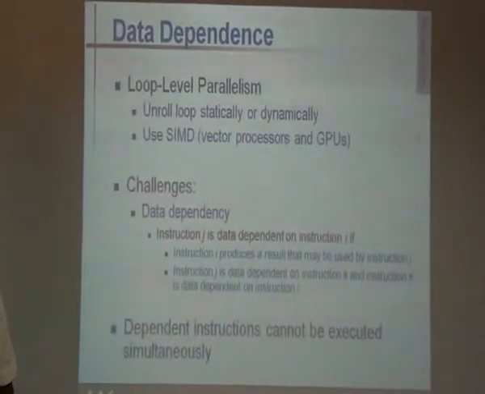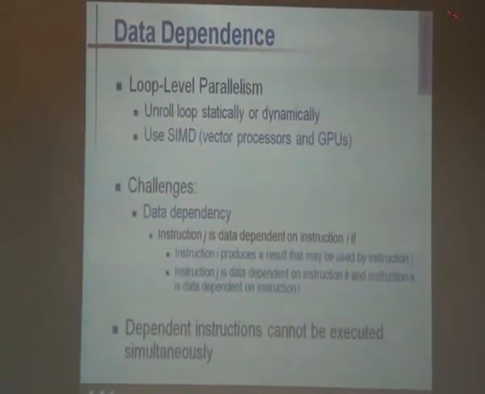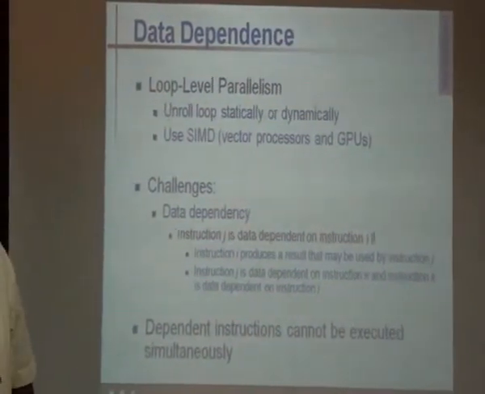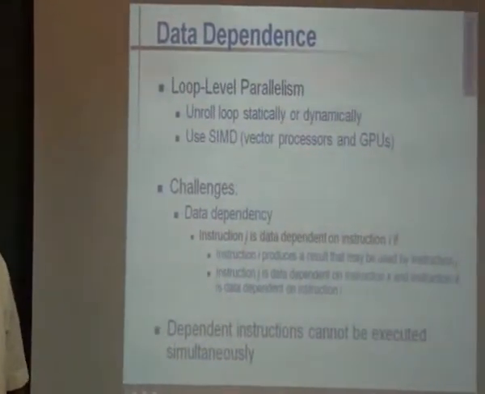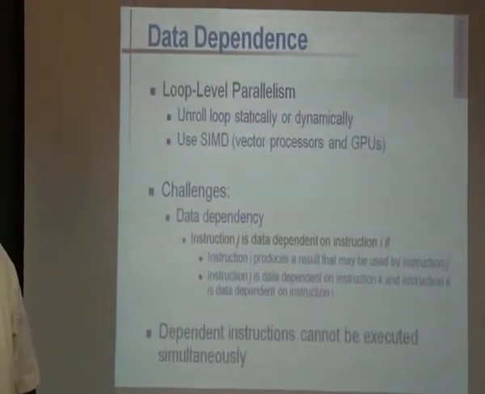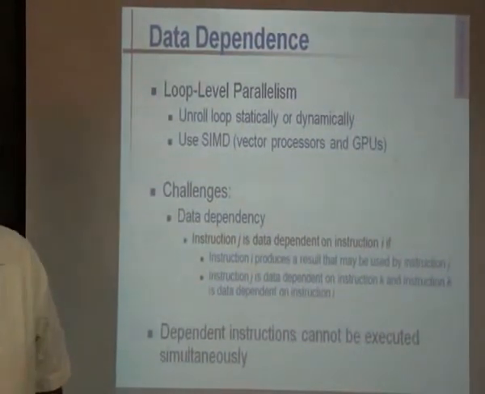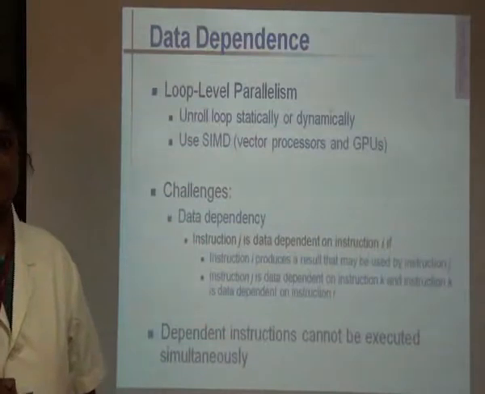Instruction I on execution produces a result, and that result is used by instruction J. This is what is called data dependency existing between the two instructions, I and J.